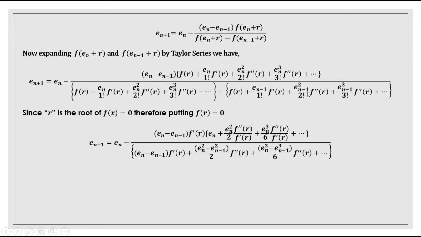And here when you take f double prime of r divided by 2 common from these two terms, you will get en square minus en minus 1 square divided by 2 into f double prime of r, and so on.